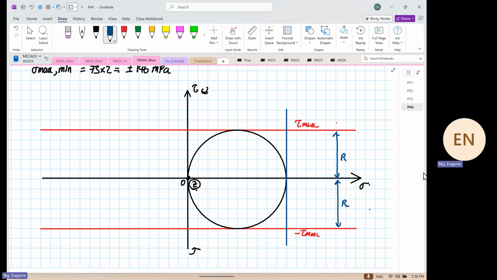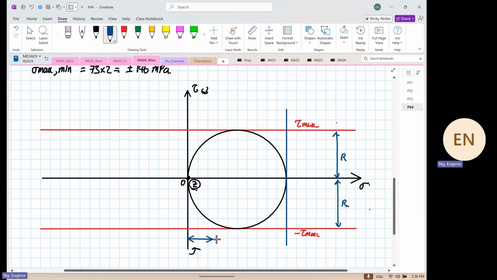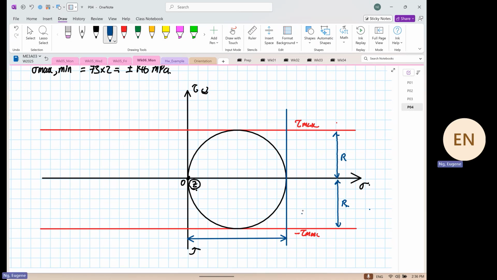And the distance from here to here happens to be equal to R. So this is your stress max. Stress max is equal to 2R over here. It has to touch, Z has to be equal to 0, because that point we are very sure.